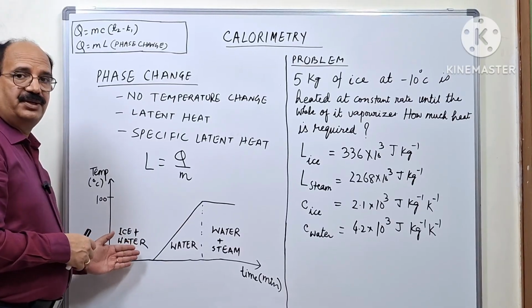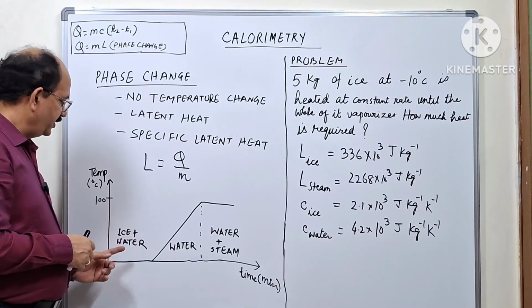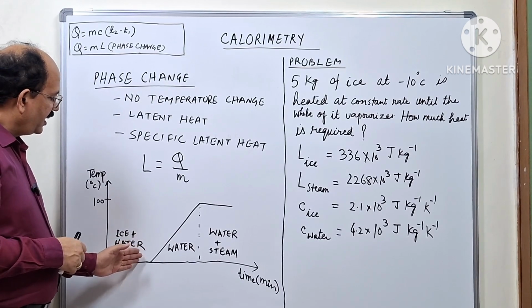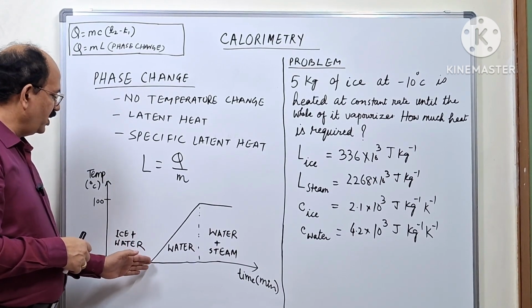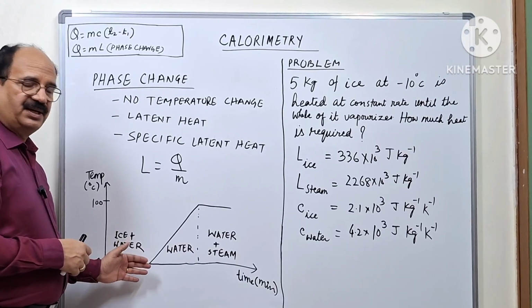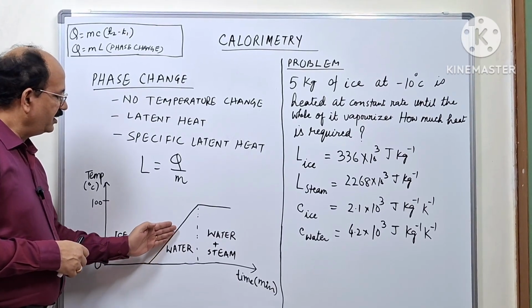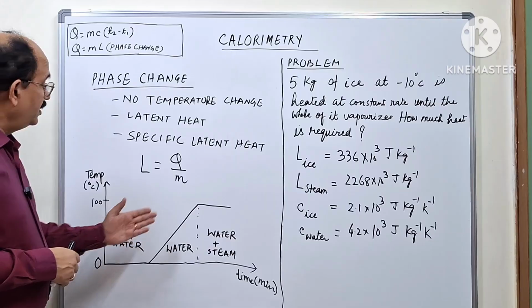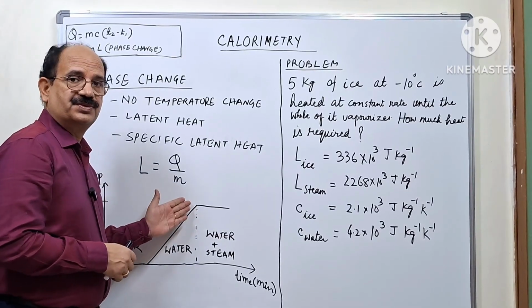So until every bit of ice is converted into water, there won't be any change in temperature. Once every piece of ice is converted into water and you are still supplying heat, then the temperature of water will start increasing. Increases up to what? Up to 100 degrees Celsius.